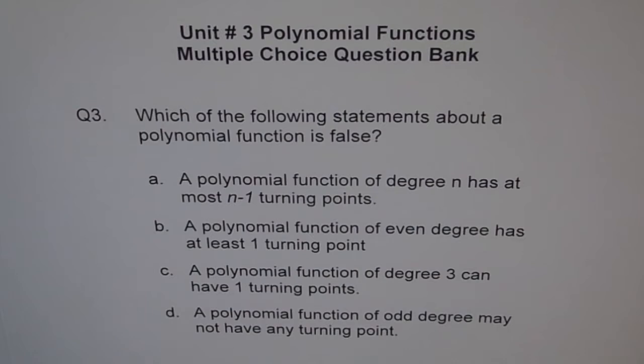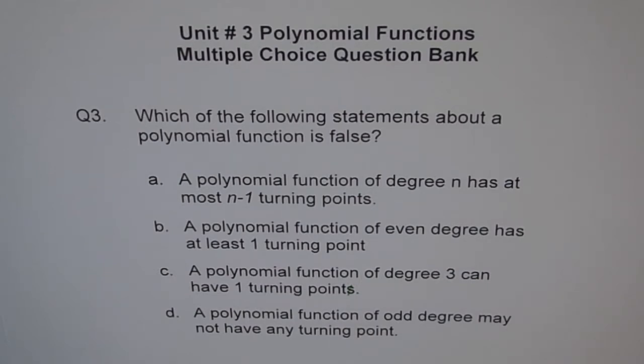Question number 3 says, which of the following statements about a polynomial function is false? A, a polynomial function of degree n has at most n minus 1 turning points. B, a polynomial function of even degree has at least 1 turning point. C, a polynomial function of degree 3 can have 1 turning point.